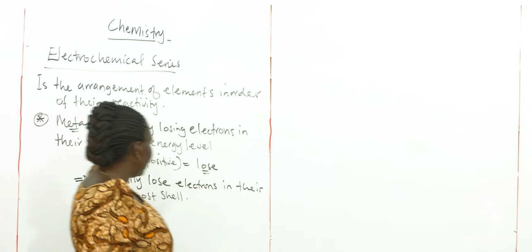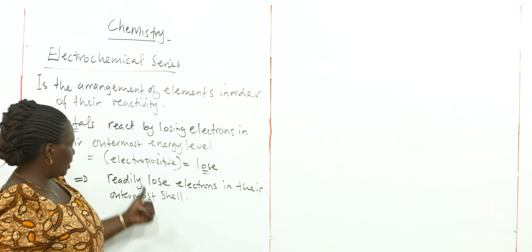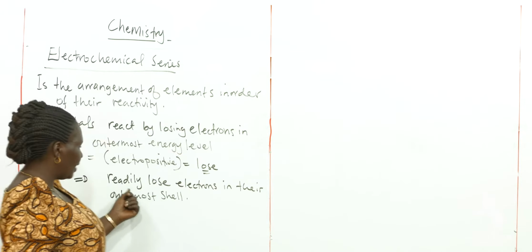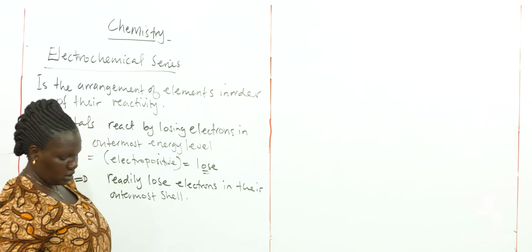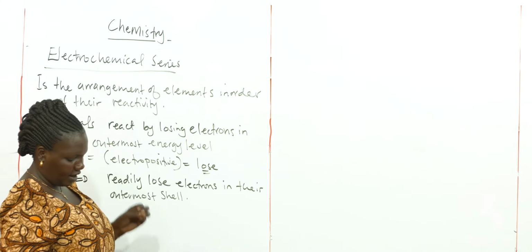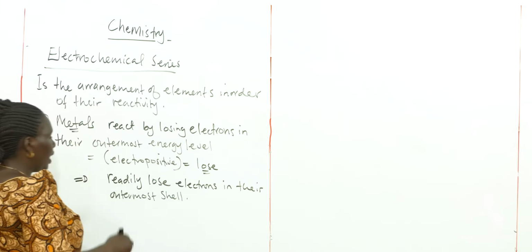So the most electropositive elements are the elements that readily lose electrons in their outermost energy level, and they are reactive.